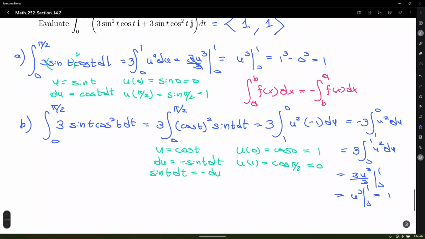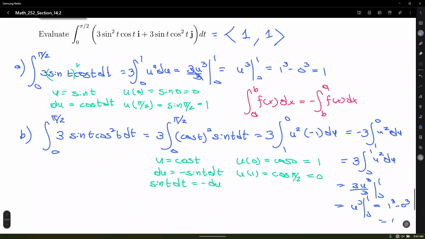Well, let me do 1 cubed minus 0 cubed. That equals 1. Why not? So the result is a constant vector, because the result of evaluating a definite integral is a constant. So 2 constants or 3 constants, depending on whether we're working with vectors in the plane or with vectors in space.